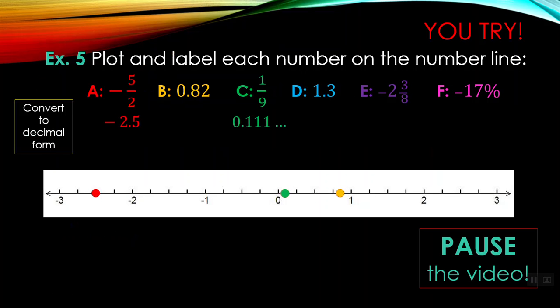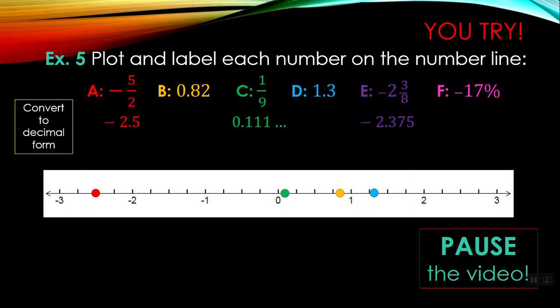Again, I recognize those tick marks. In between 1 and 2 is 1.25, 1.5, 1.75. So 1.3 is more than 1.25, but less than 1.5. So that's going to fall right there. More than 1.25, pretty close to it.